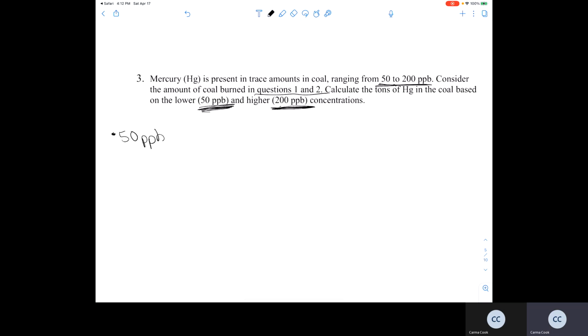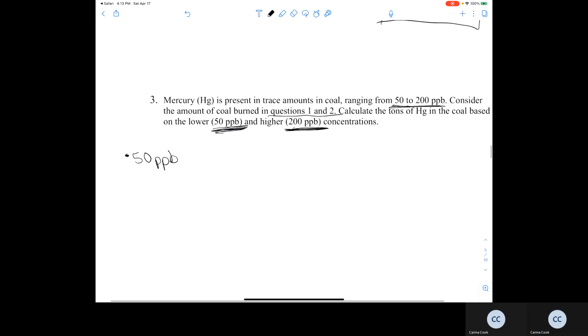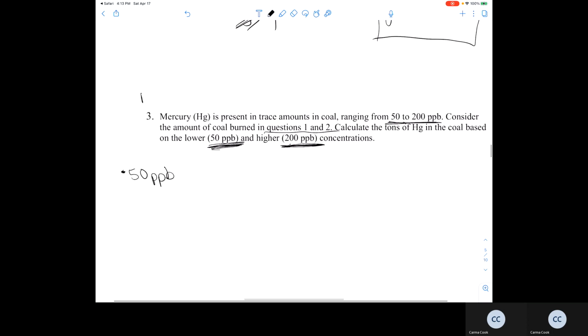At the lower range of 50 parts per billion, we're going to take our parts per billion, convert to parts per hundred, then convert to a decimal, and then multiply the decimal by the mass of coal to get the tons.